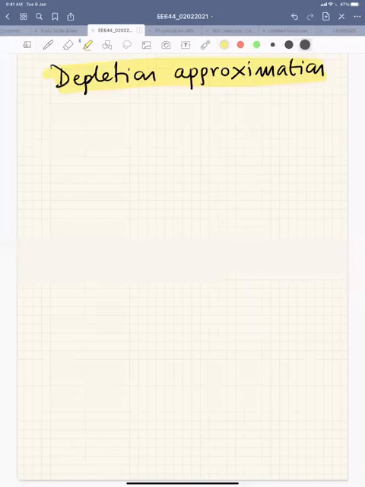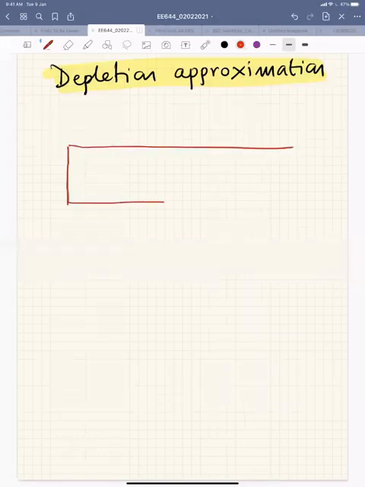Why is that an approximation? Okay, Shruti. Sir, I don't know about this. Okay, Nishant. No sir, I don't know. Okay, anybody who could answer what is depletion approximation? Swati.